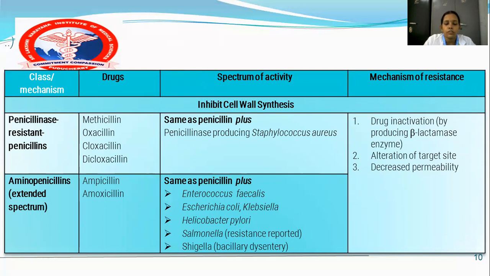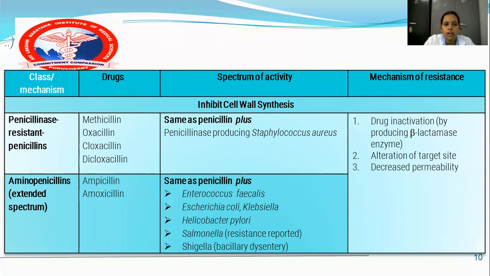So penicillin and cefoxitin become resistant. There is a sensitivity pattern, and according to that we will do the antibiotic sensitivity pattern. The further slides I will show, and I will tell about the sensitivity pattern and everything. So if the penicillin-producing Staphylococcus aureus is resistant, that is called methicillin-resistant Staphylococcus aureus, MRSA.